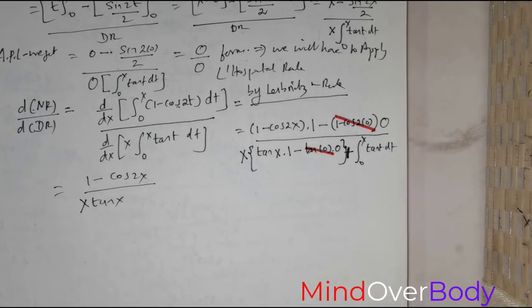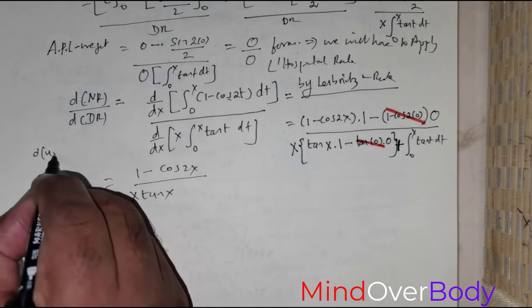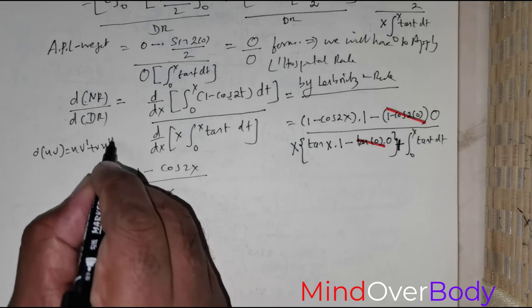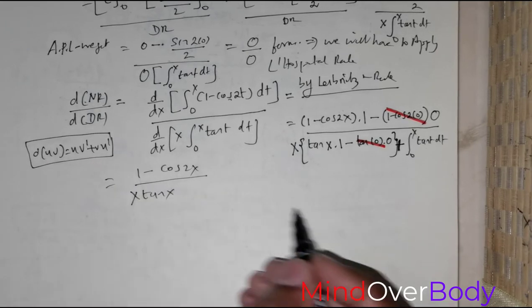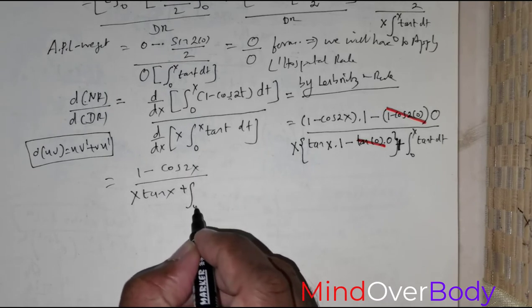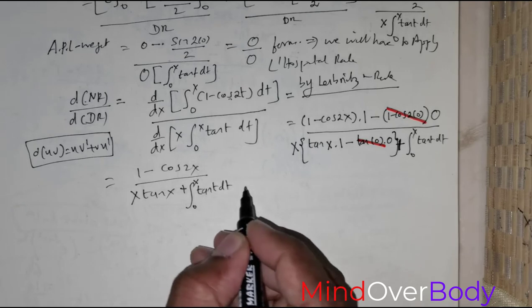So it's going to be d of u into v is equal to u times v dash positive v into u dash. So this is going to be positive integral 0 to x tan t dt.